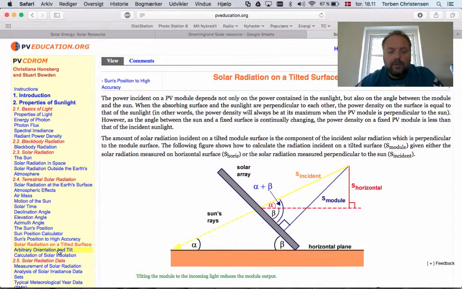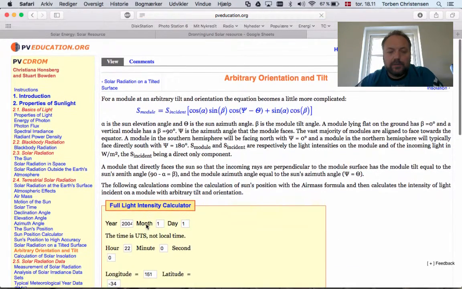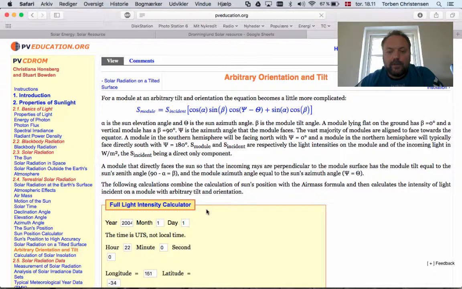And then in arbitrary orientation and tilt, we have a calculation where we can calculate the module radiation depending on the incident radiation, and then an angle calculation that will take into consideration both Sun elevation and azimuth, as well as the collector elevation and azimuth.